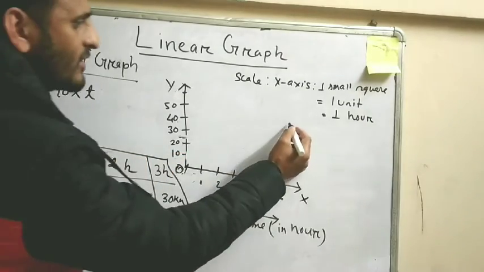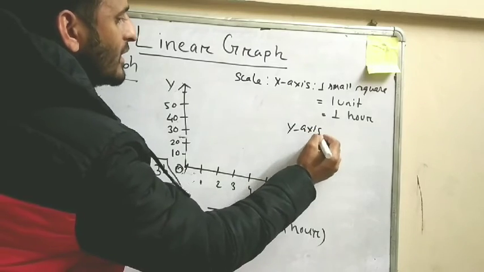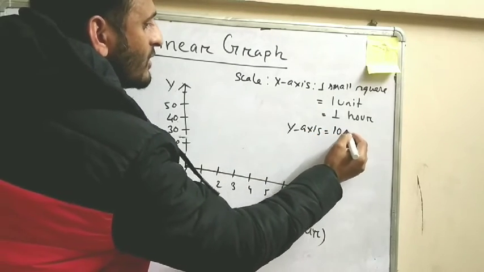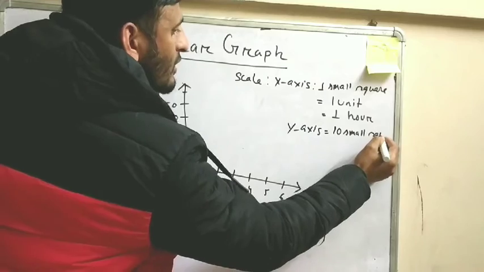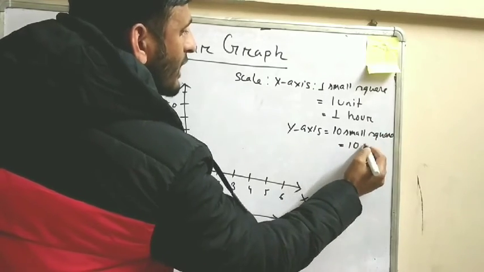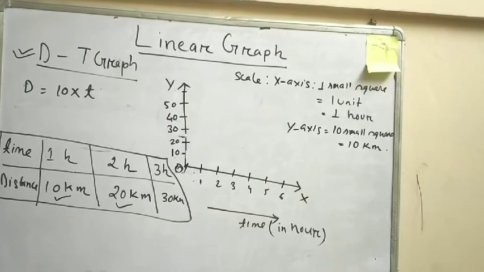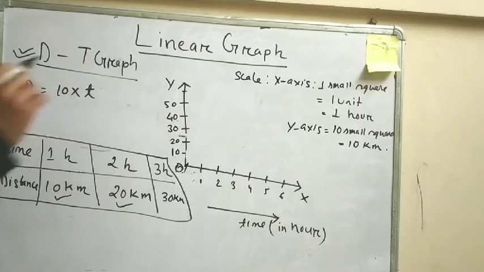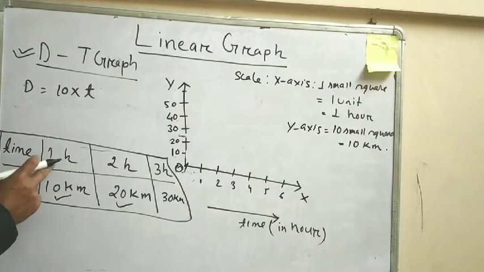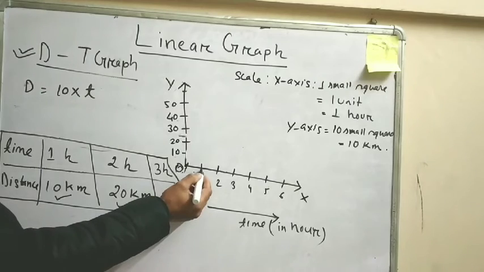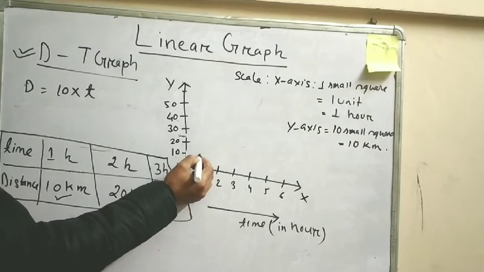So along the y-axis we need to write that 10 small squares equal 10 kilometers, or we can write 1 small square equal to 1 kilometer. Now let us plot these points on this graph paper. Time 1, distance 10. The point will come here.